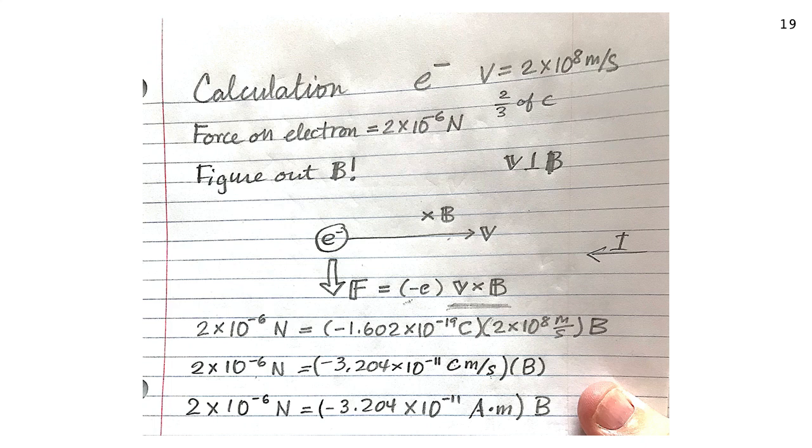This is 2 times 10 to the minus 6 newtons equals negative 3.204 times 10 to the minus 11 coulomb meter per second times B, whatever B is. Okay, anybody disagree with that?